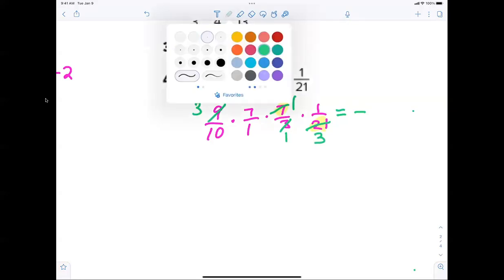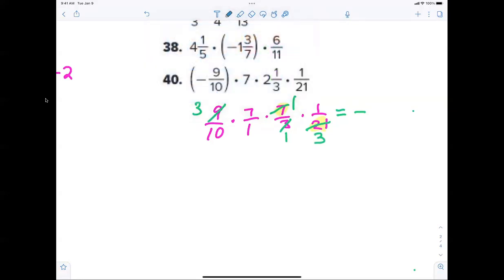Anything else now? See how that is? Remember, anytime it's on the top and bottom, you can reduce. So what happens there? Yes. And then when I multiply straight across, it's going to give me a over. Yes.